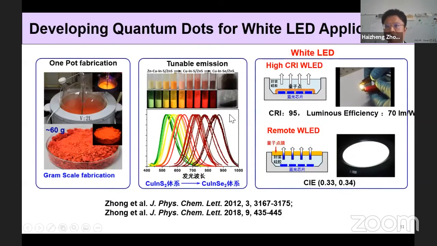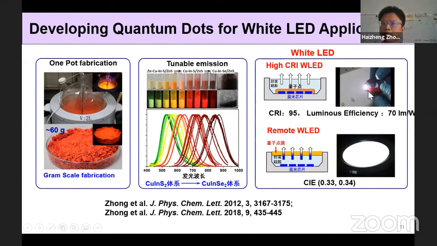In the past few years, we have been involved in developing low-cost copper indium sulfide quantum dots for general lighting. With that, we can achieve a CRI value of 95, which means with the aid of quantum dots, we are able to generate white light very similar to the sun.